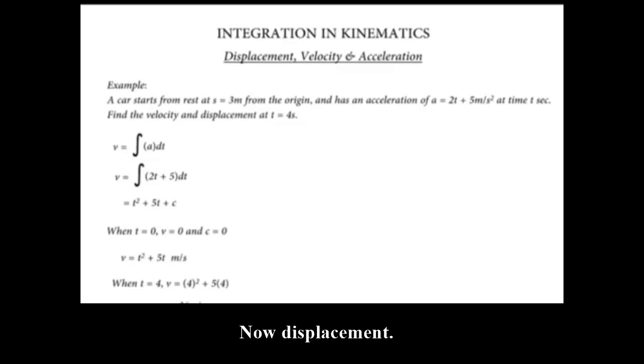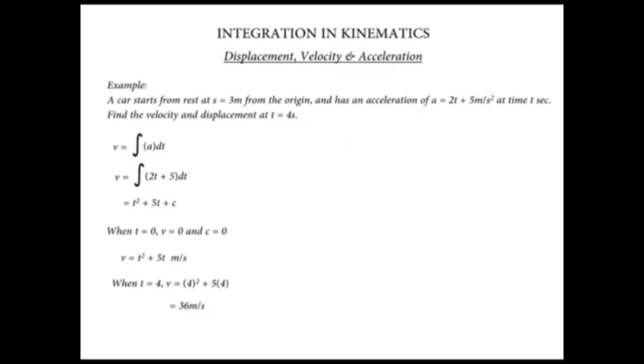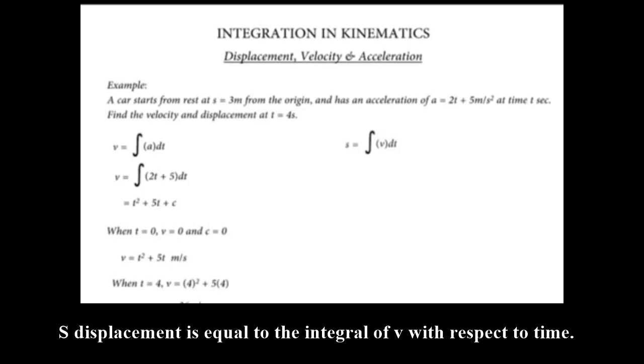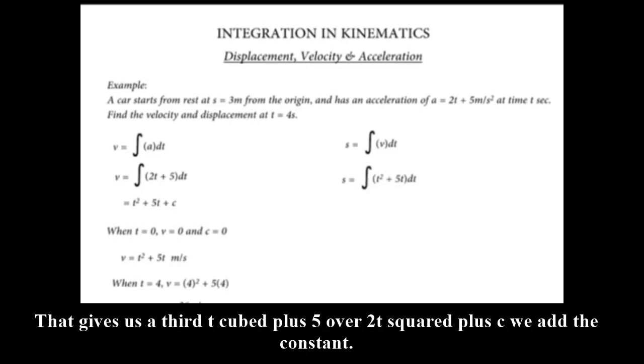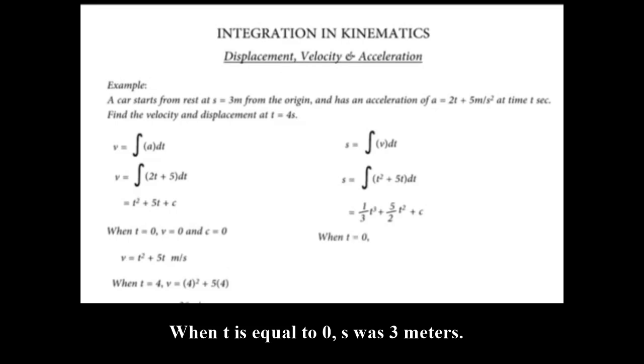Now, displacement. s displacement is equal to the integral of v with respect to time. In this case, we integrate the expression for velocity, the integral of t squared plus 5t with respect to t. That gives us a third t cubed plus 5 over 2 t squared plus c. We add the constant. When t is equal to 0, s was 3 meters.